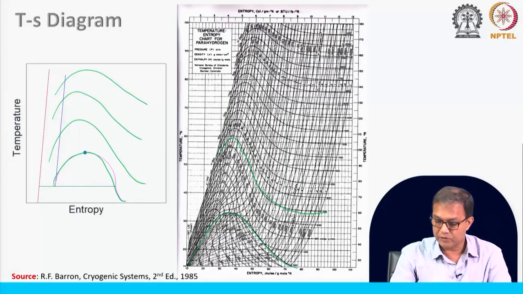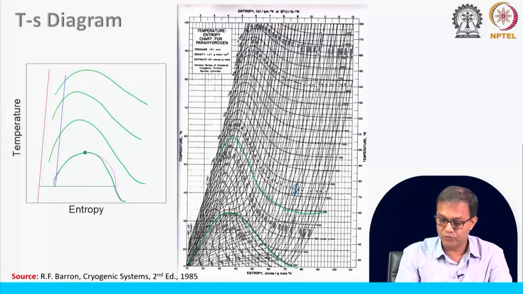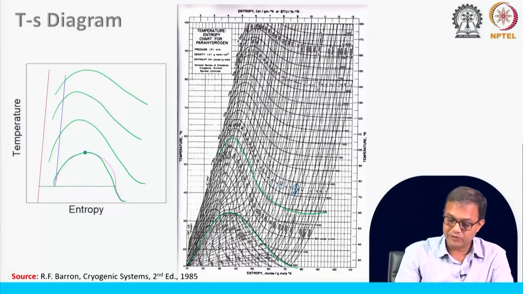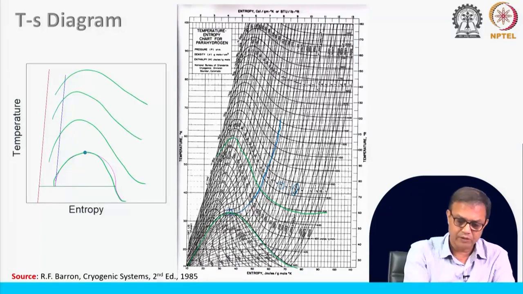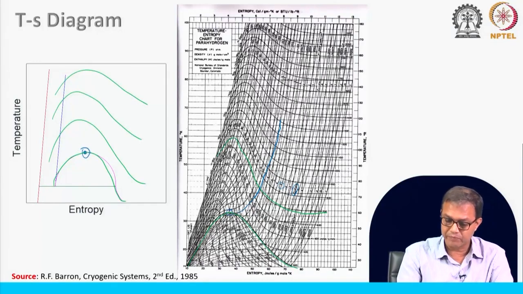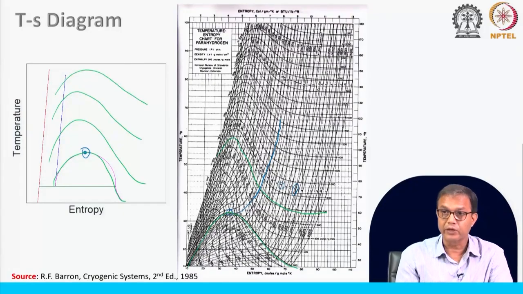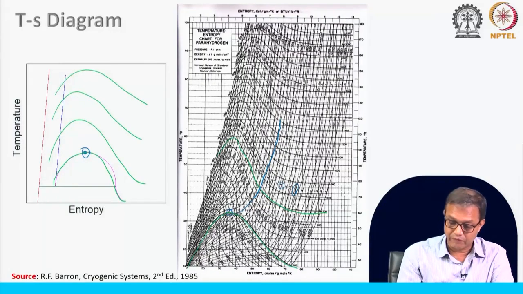Say for example, this is the 1 atmospheric pressure line, we will see it in detail later on. So, 1, 1.5, 2, 3, these are the isobaric lines like this. Say this is the 10 bar isobaric line, and later on this is the triple point, where we have learned that beyond this part it is not in the liquid form, or it will be compressed liquid or near critical region.